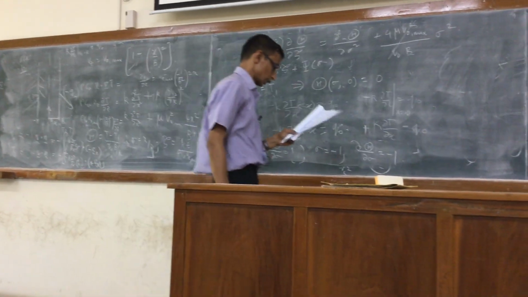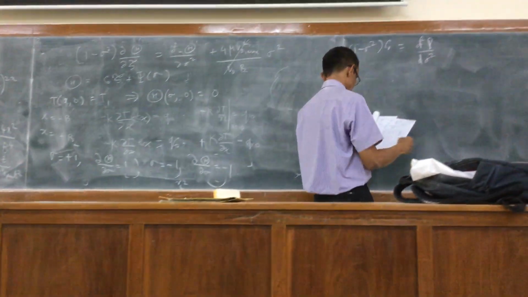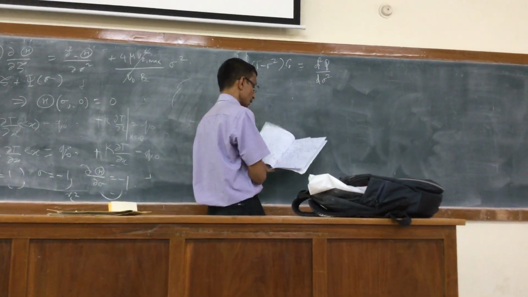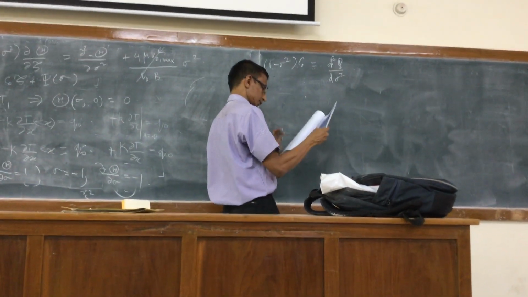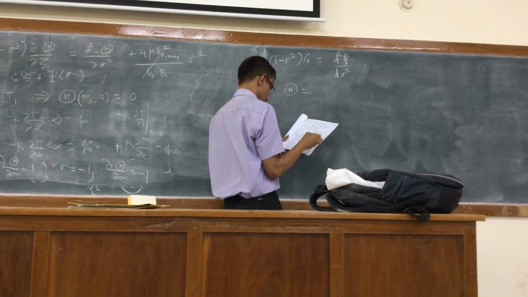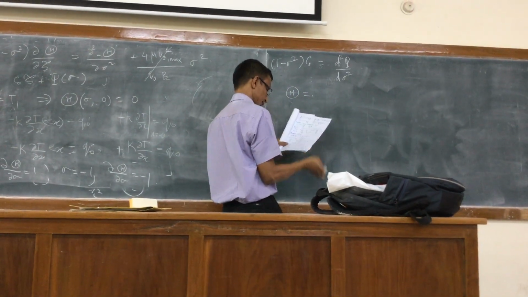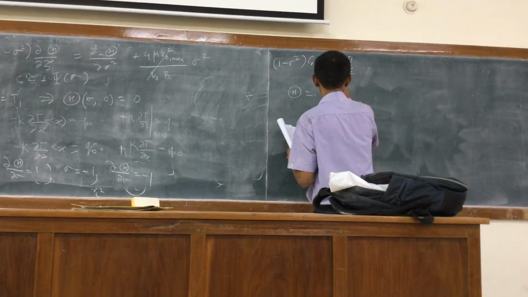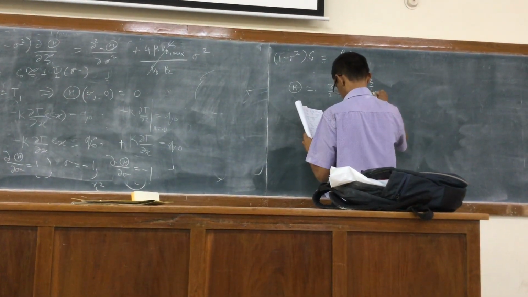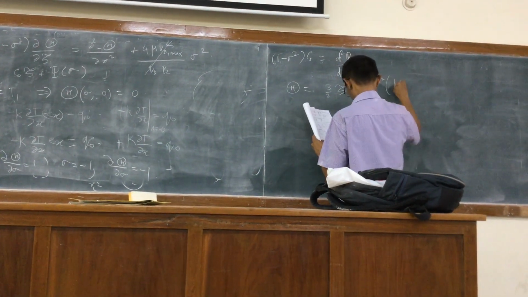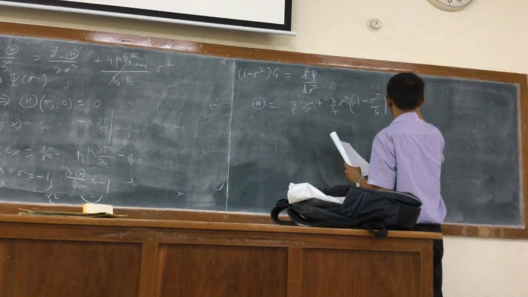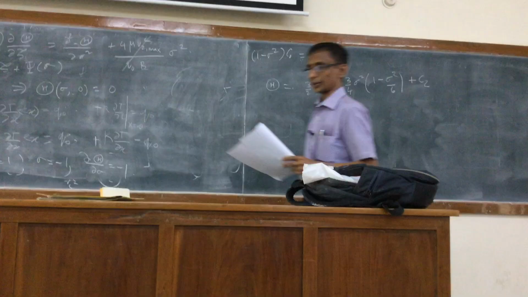And so you can easily get, using these boundary conditions, that θ is actually given, the formula is given in the question itself. So it will be 3 by 2. This is what I am integrating, that's what I get.